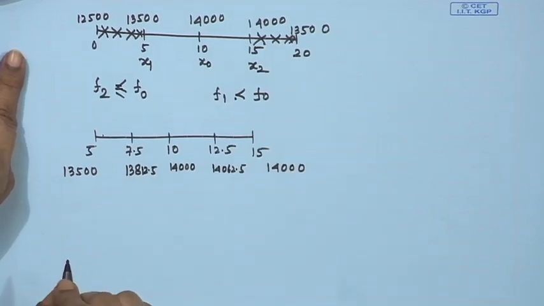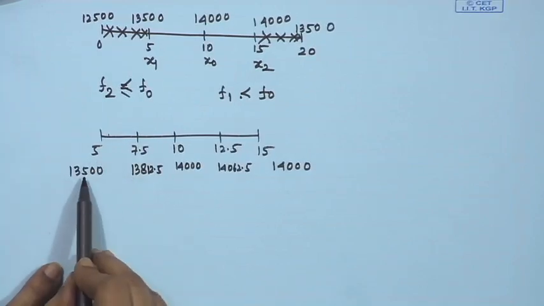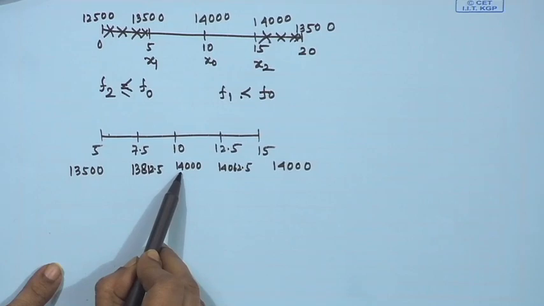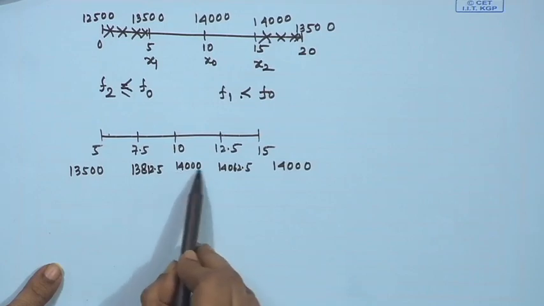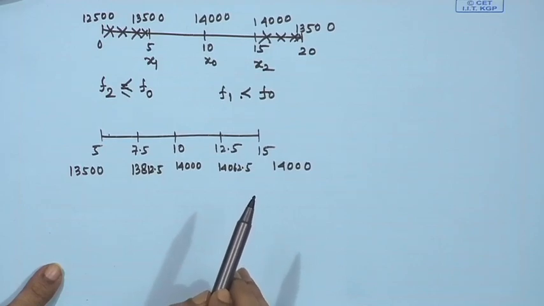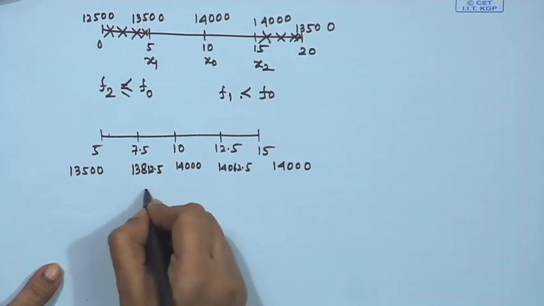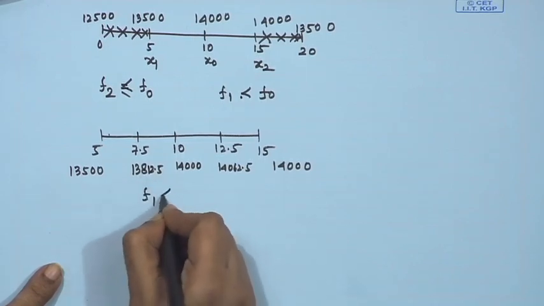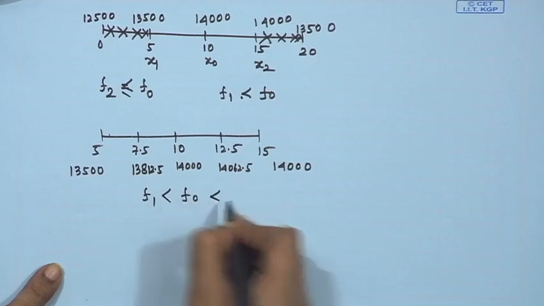Alright. What we could see here is that the functional value is increasing, after that it is increasing further, then it is decreasing. That is why we can say that f 1 is lesser than f naught and lesser than f 2.